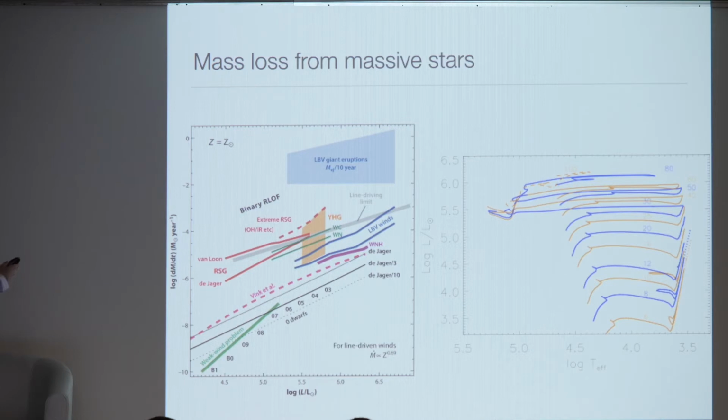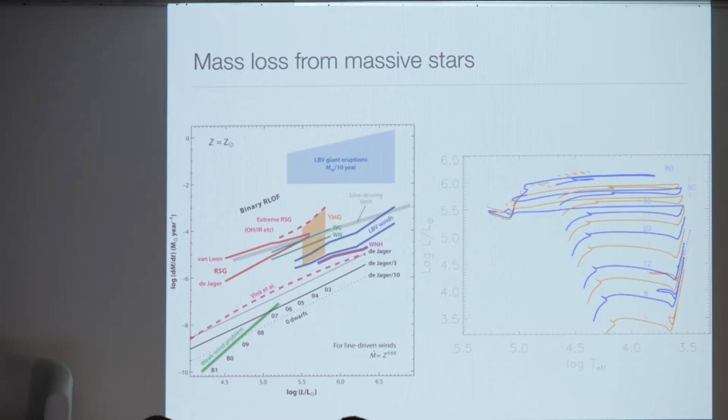So basically only helium, no hydrogen is left in this star, and because of the mass loss, the star comes to this end, and the star ends its life in this region when the mass is large enough.